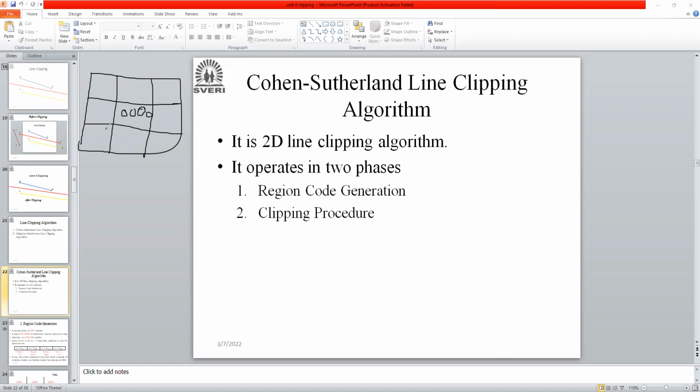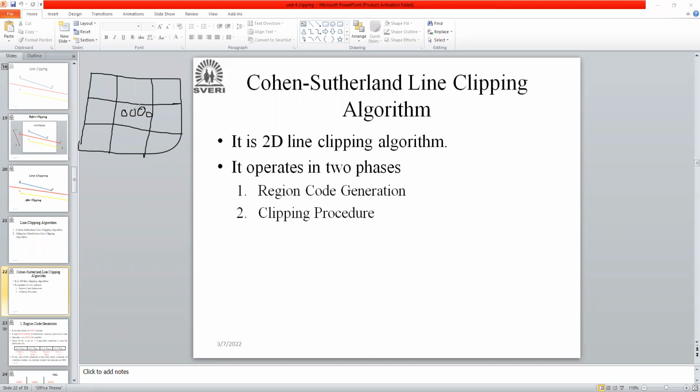So I'm going to assign the numbers. 0000, that is the binary 4-bit number, is given to the display area, which is nothing but your clipping window. So it has code 0000. Now again, the 8 other parts have different end codes. This is called the region code or endpoint code.